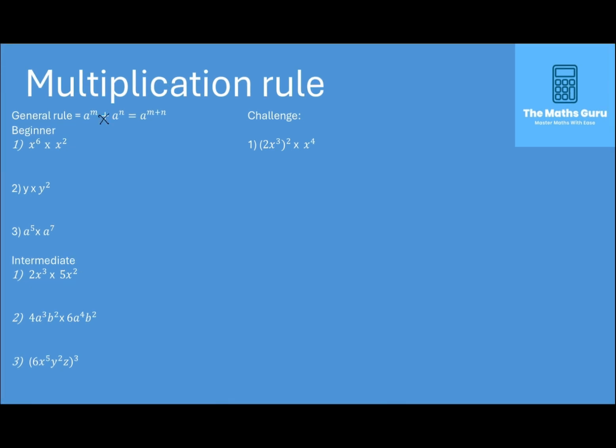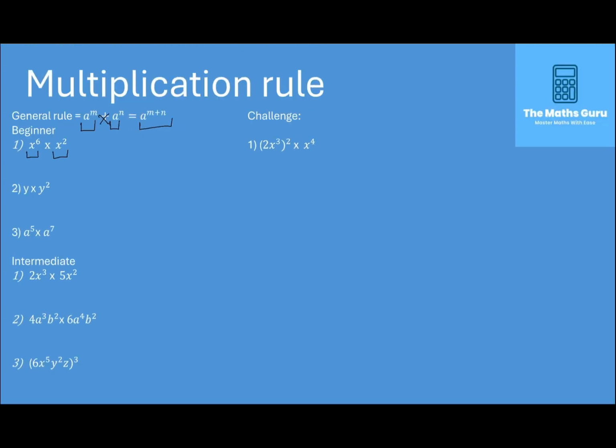Okay, so now looking at the multiplication rule, I've made a mistake in the PowerPoint, but just ignore that. When we have two terms with the same base, a in this case, and the operation that we're applying is multiplication, we can simply add the powers. So if we apply this to this example, we can see that x to the power of 6 and x to the power of 2 have the same base x.